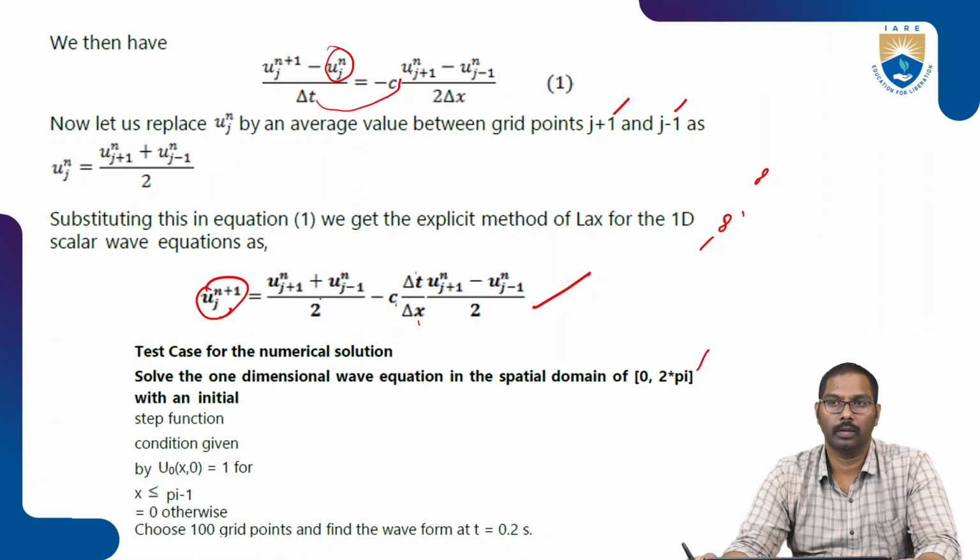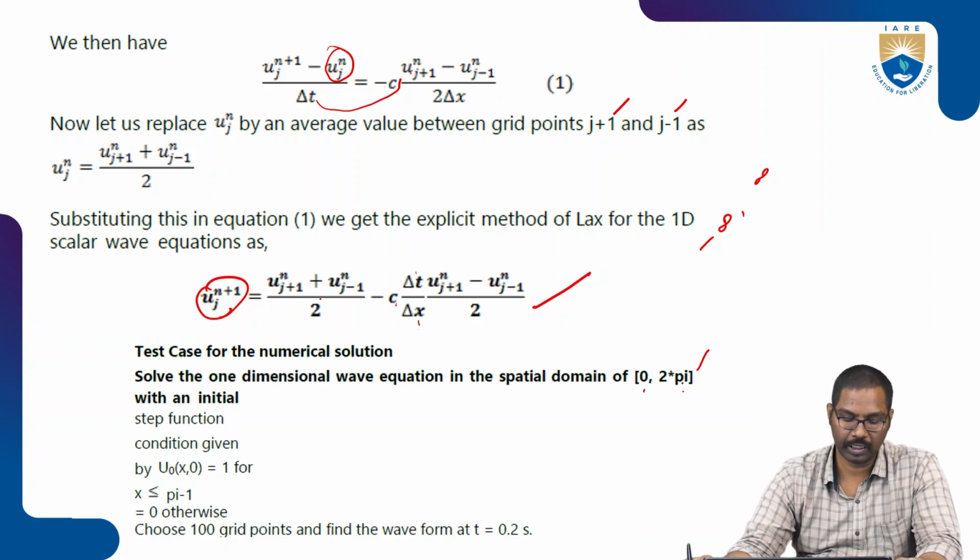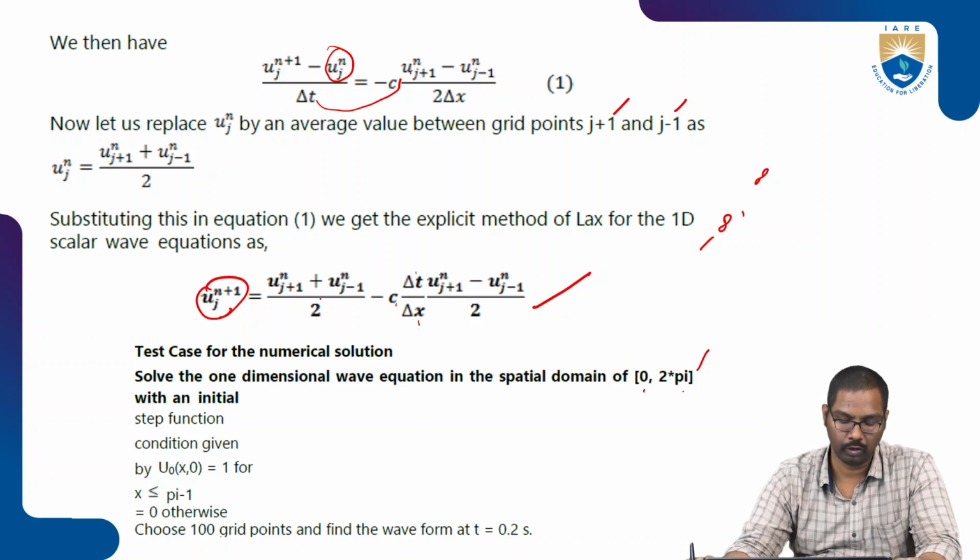So for the mathematical problem, we are considering 0 to 2 pi with an initial step function given by u naught of x comma 0 equal to 1 for x less than or equal to pi minus 1, otherwise it will be equal to 0. Solve the problem for the waveform at t equal to 0.2 seconds.